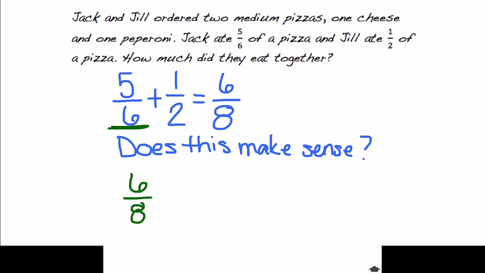So when we do something like this and we look at our answer, we always want to make sure that it makes sense. If 5/6 is close to 1 and 6/8 is less than 1, when we go to add that other half on, because we all know that half is a pretty big chunk, we know that the 5/6 plus the half should take us over 1.